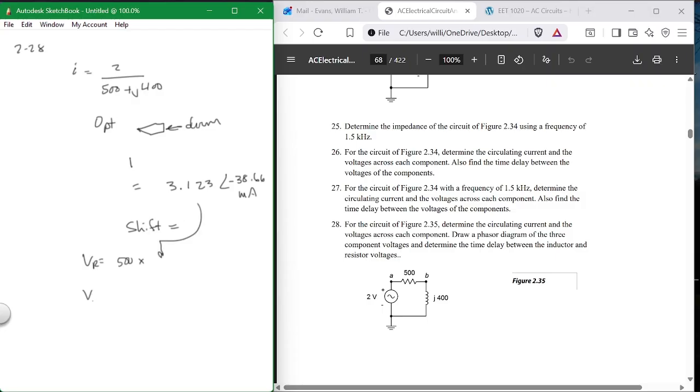What is our voltage across the L? It's J400, very good, times that, okay? So what is our VR? 3.123, and now you can use your angle, so it's 3.123, shift engineering, and that gives you your angle of minus 38.66, times 500 equals.